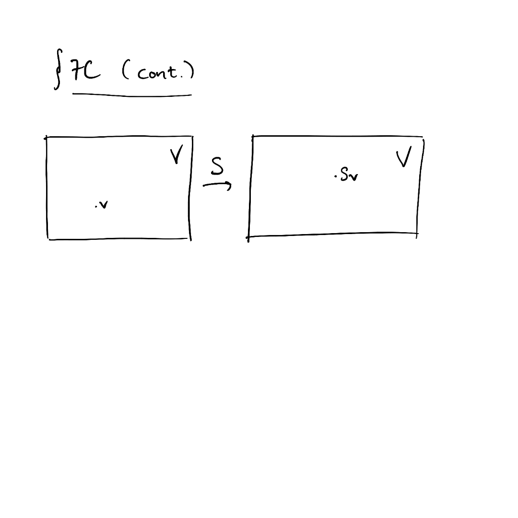To be an isometry is to have the property that the norm of the output is the same as the norm of the input.